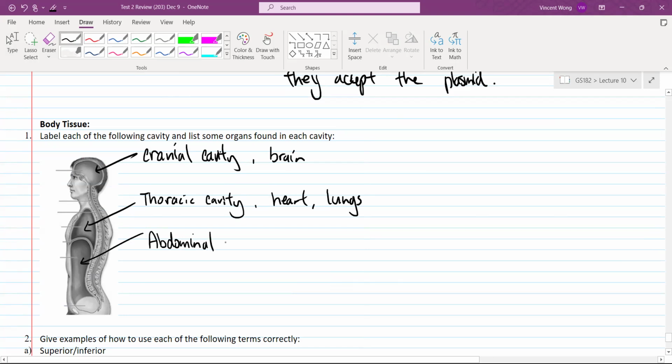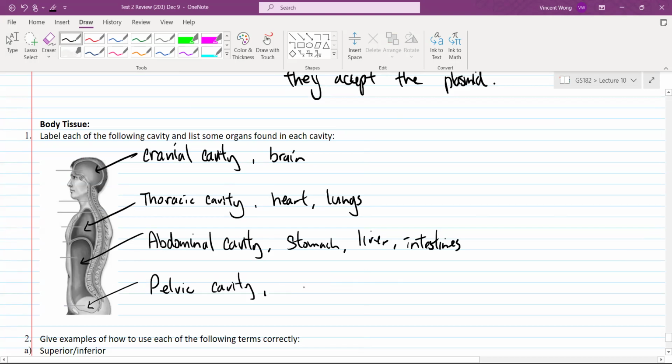Abdominal cavity. You gave me a bunch of stuff in class already, but stomach, liver, intestines. Like I said, I'm not going to give you weird things on the test. It's just things that you probably already know. This is the pelvic cavity, and it contains things like the urinary bladder and uterus.